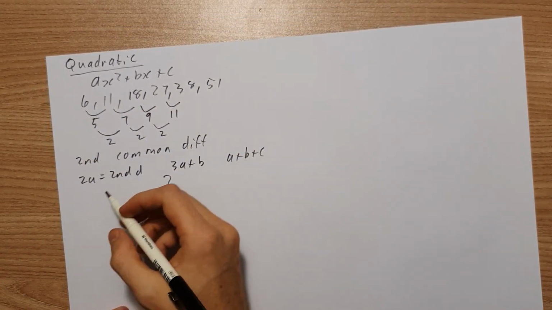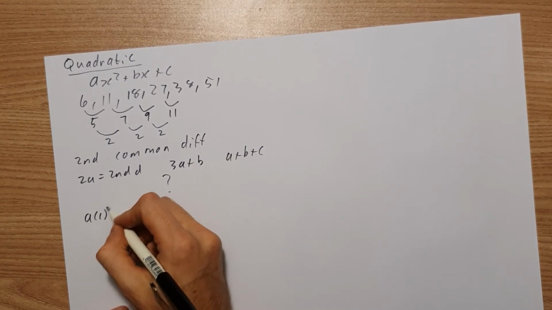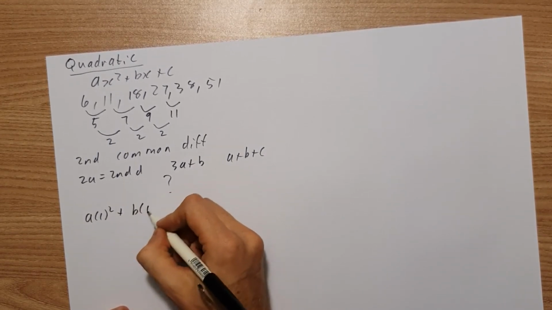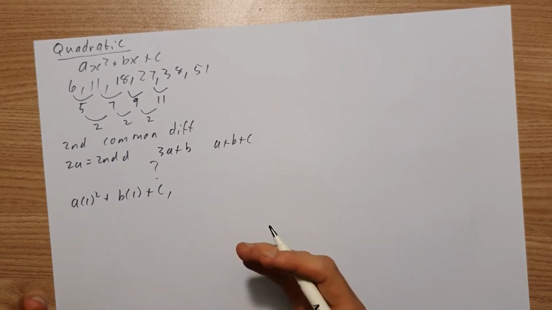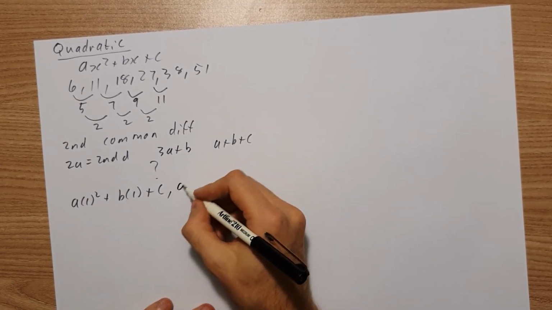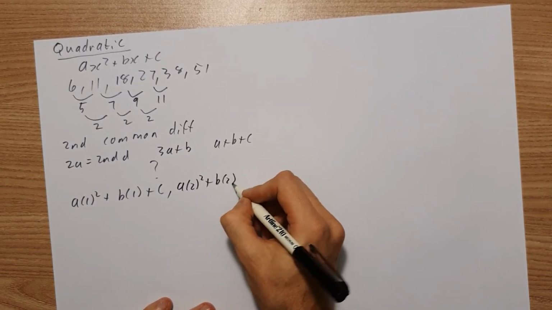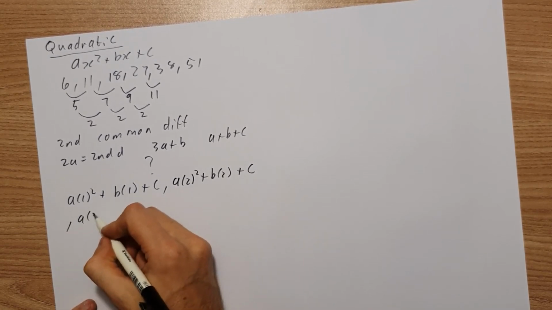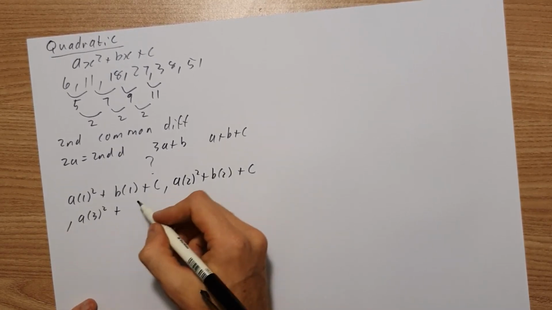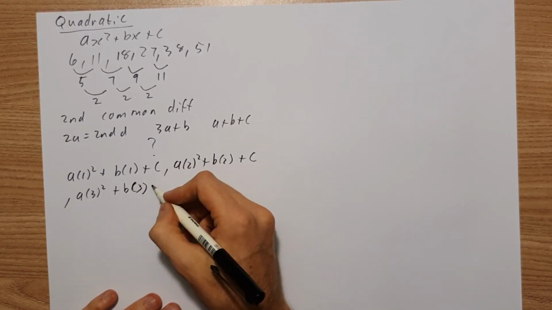If I have x equal to 1, then I have a1 squared plus b1 plus c. The second term is going to be x equals 2, so now I'm going to have a2 squared plus b times 2 plus c. The next term is going to be a3 squared plus b3 plus c.